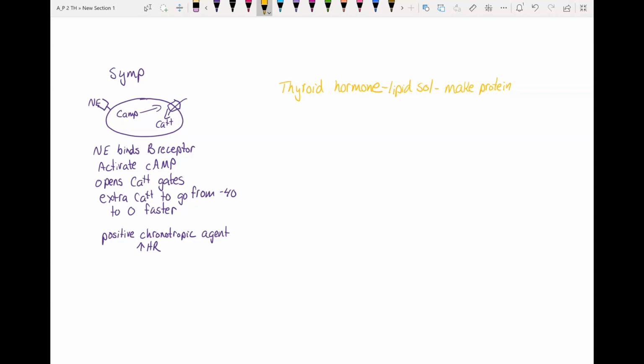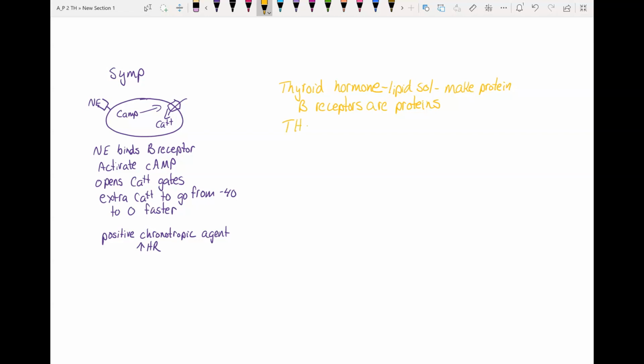Now take a minute, look at your pre-class assignment. What are some examples of proteins on cells? What protein is the thyroid hormone going to make this nodal cell in the heart make? So beta receptors are proteins. Receptors on cells are proteins. So start putting 2 and 2 together. Thyroid hormone is lipid soluble, so it's going to stimulate the cell to make protein. Beta receptor is protein.